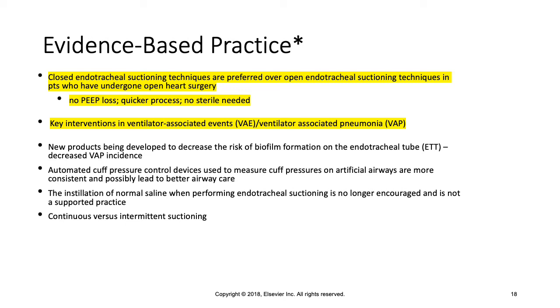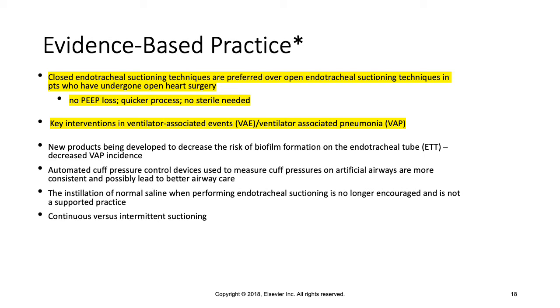Daily oral care with chlorhexidine, because again, your mouth makes secretions as well, and the mouth is one of the dirtiest places on the body. You can have a lot of germs there, so patients have to have daily oral care with chlorhexidine.